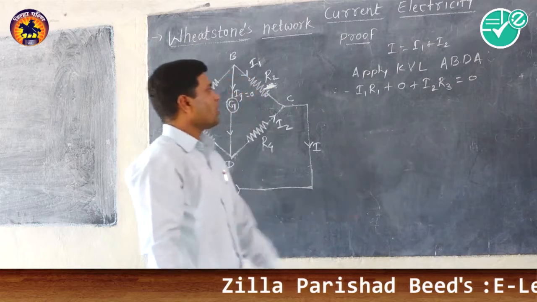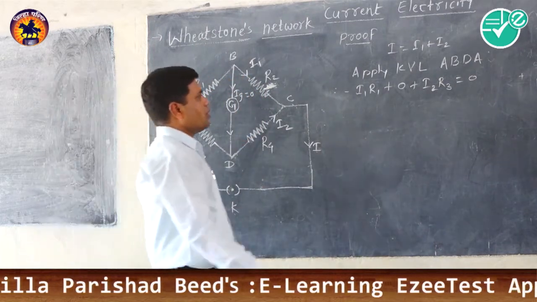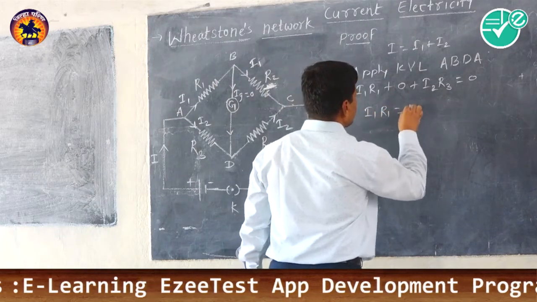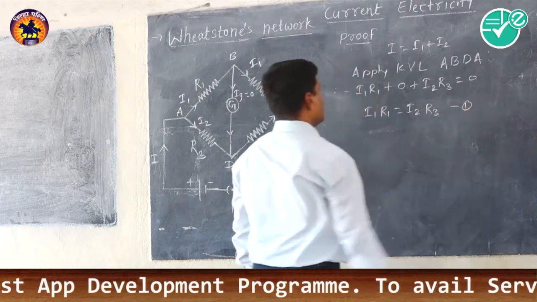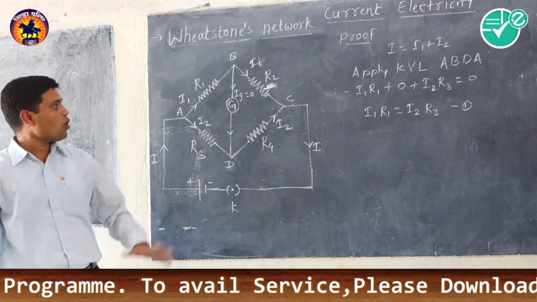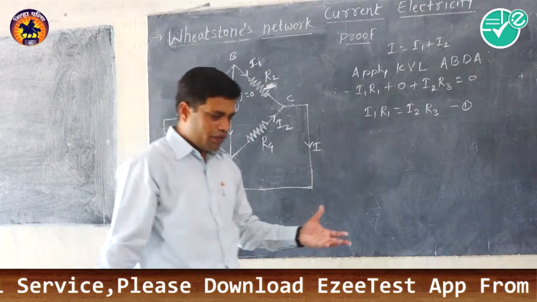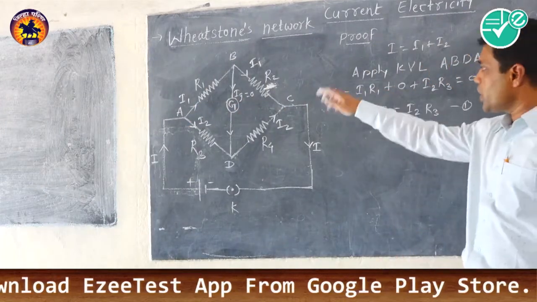This is the equation that we got here, and just rearranging the terms, we get I1 R1 is equal to I2 R2. This is equation number 1. I have got this equation after applying Kirchhoff's voltage law to the loop A, B, D, A. This is the first case of the Wheatstone's network.